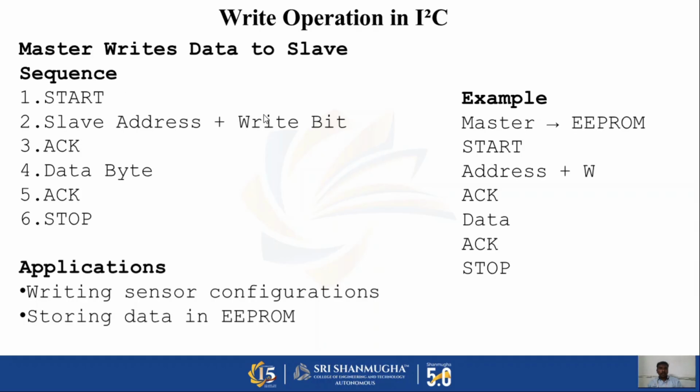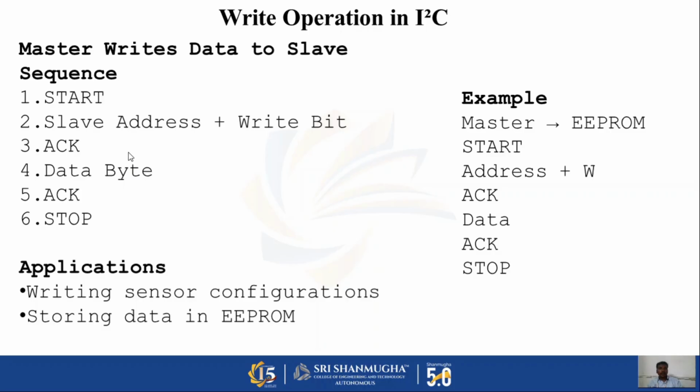Let us now study the write operation. In a write operation, the master sends information to a slave device. The communication begins with a start condition. The master then transmits the slave address along with the write bit. The slave acknowledges the address by sending an acknowledge signal.